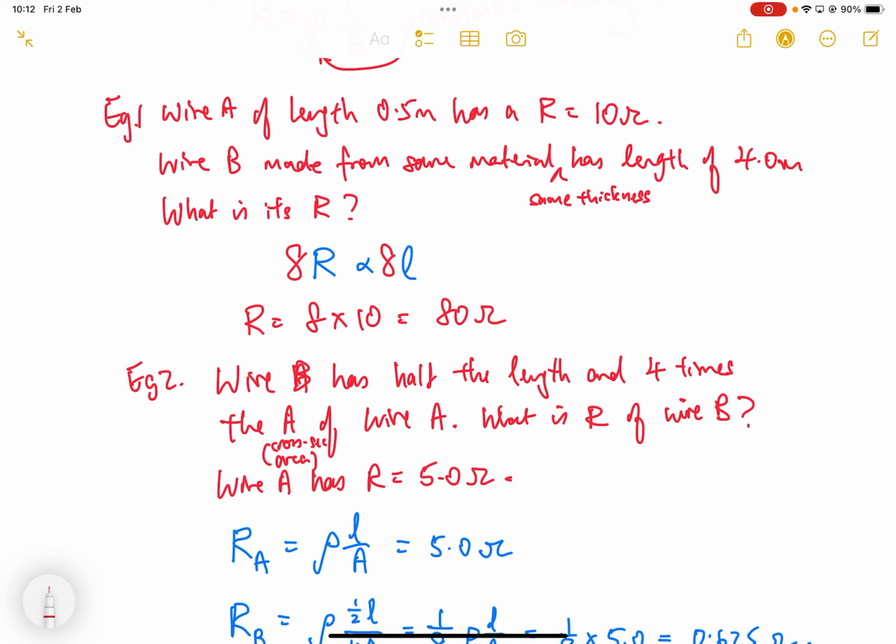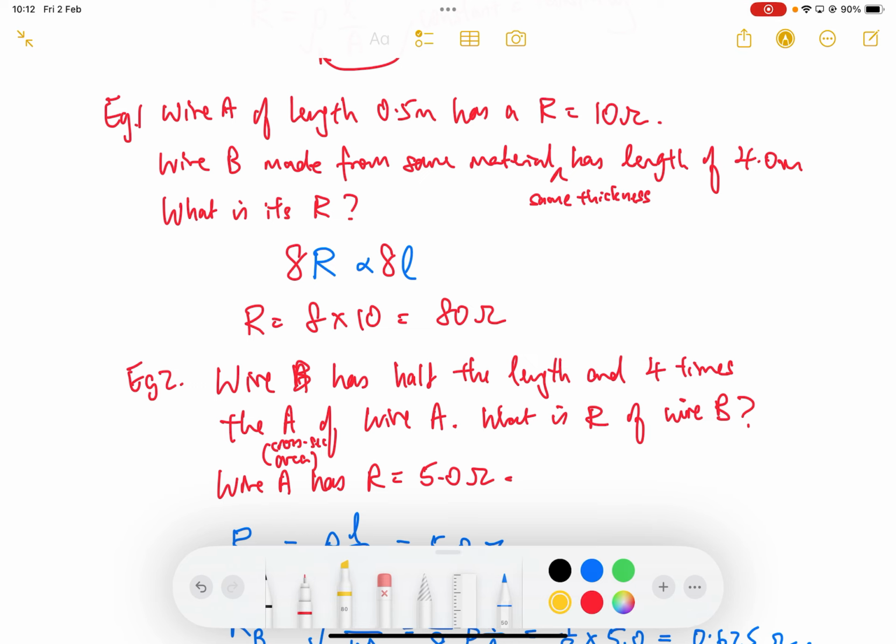So we are only concerned with the length, and since resistance is proportional to the length, from 0.5 meters to 4.0 meters, the length is 8 times. So the resistance will be 8 times. Since the original resistance is 10 ohms, 8 times 10 ohms will be 80 ohms.